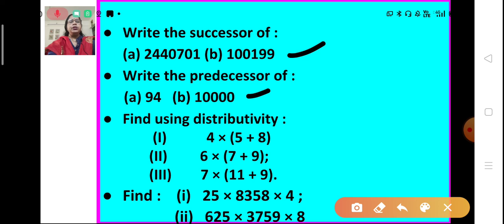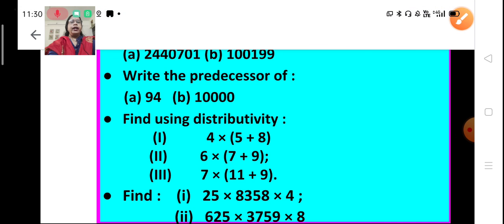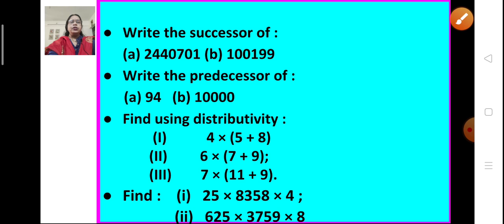And the next one, find using distributivity. So apply the distributive property of multiplication over addition and find the answers for these kinds of problems we have solved earlier, isn't it? And next one, find 25 into 8,358 into 4.